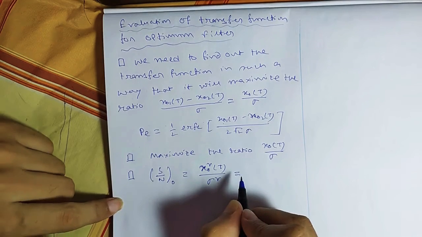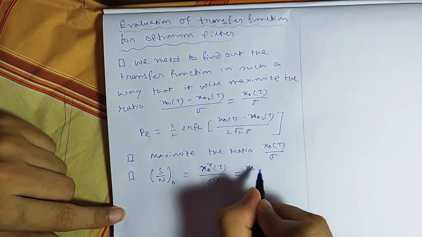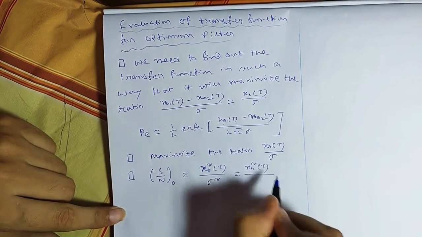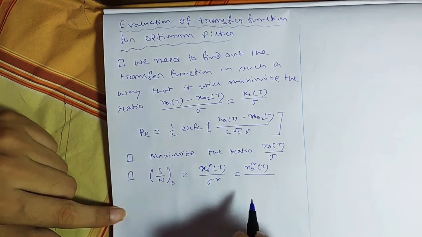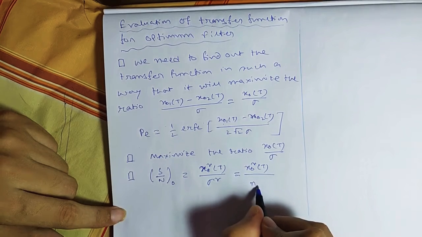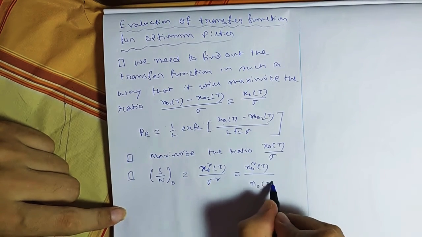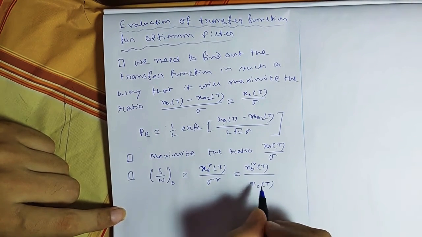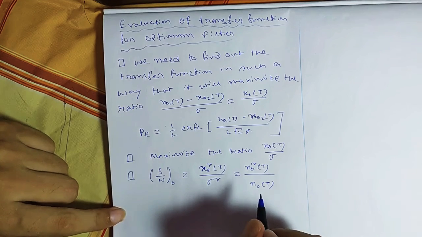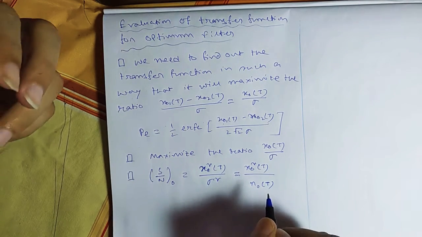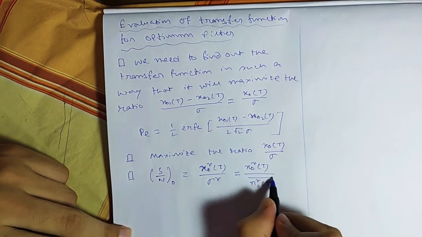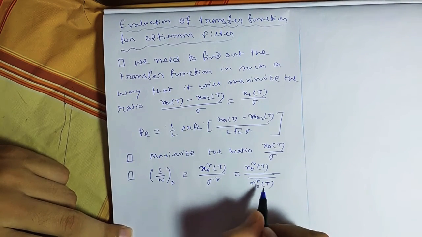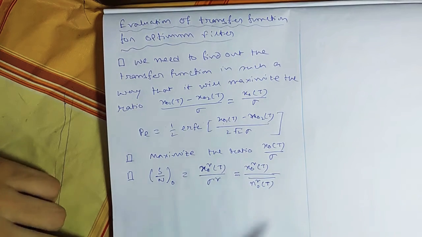Sigma square is the noise variance, and the noise is given by n0(t). Variance is the mean square value, so I need to take the square of the noise, then take the mean. That will be the noise variance. So we need to maximize the ratio.